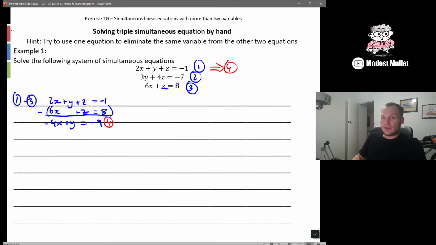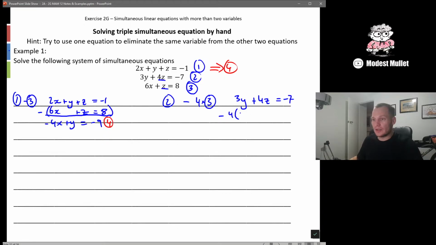I'm now going to do the same thing to equation 2. I'm going to do equation 2 take away equation 3 again, but I need to multiply it by 4 because it's only a single z and we've got 4z in equation 2. So I'm taking away 4 times equation 3. That looks like 3y plus 4z equals negative 7, take away 4 times all of 6x plus z equals 8.